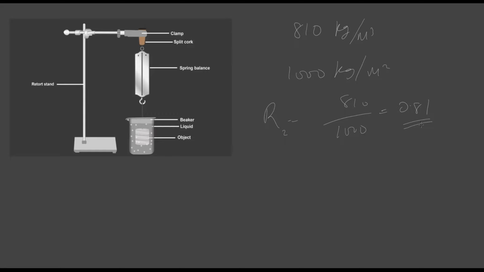So make sure the mass is actually suspended, not touching the bottom of the beaker. Then another error you should avoid is zero error. So make sure the spring is reading at zero before you add the mass. So that's all you should need to know about the mechanics for the 2024 physics practical.